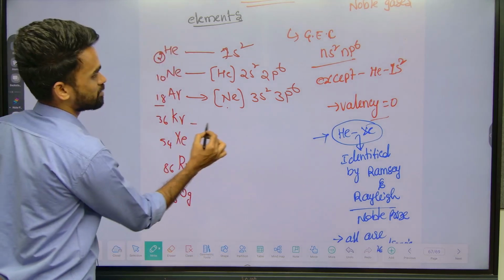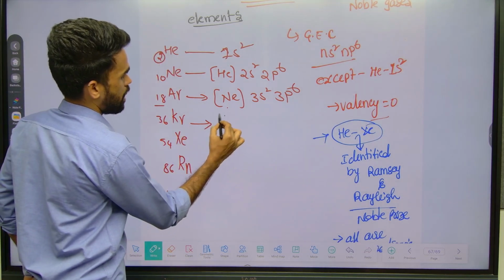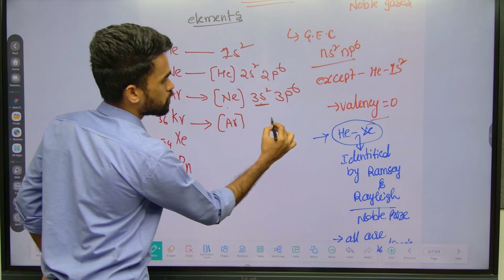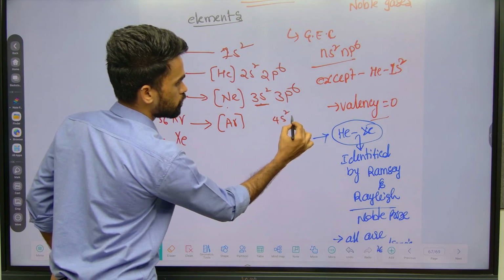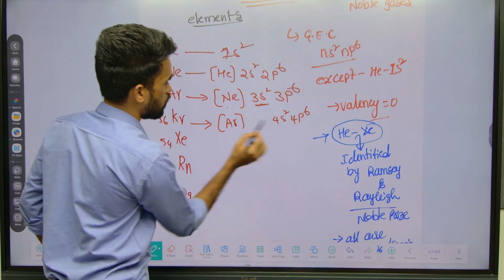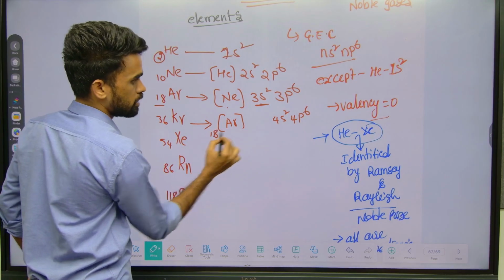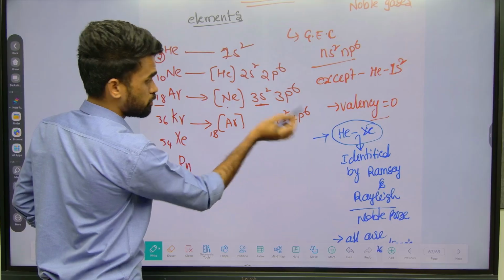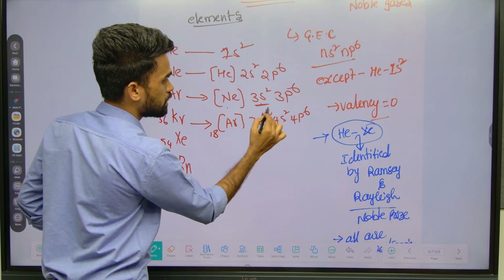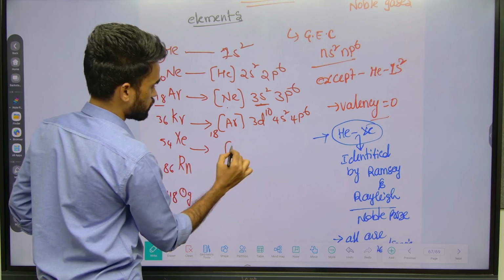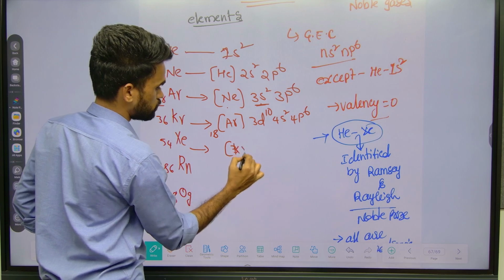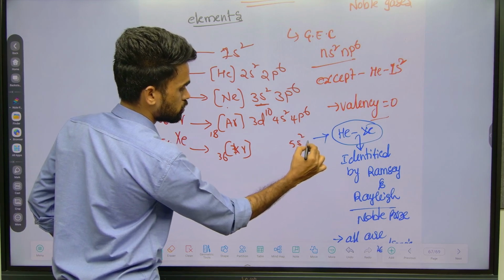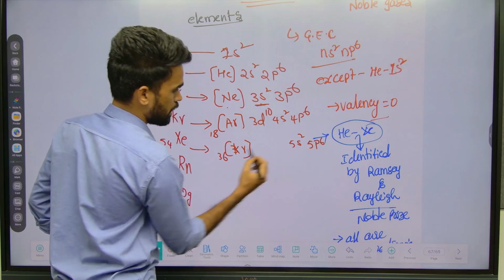Next, this one: argon, 18, 3 is over now, so 4s2, 4p6. Just count now: argon 18, 20, 26 only. We are getting 26 only, it means here 3d10. Next, this one you tell me, krypton 36, next 5s2, 5p6, again check now.